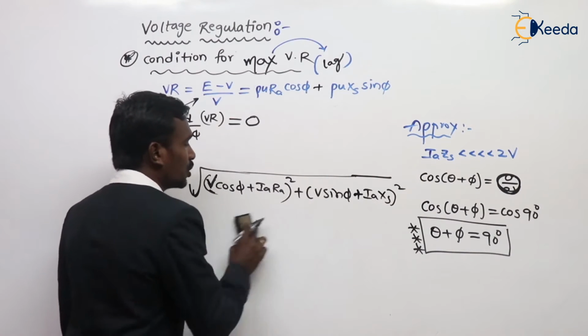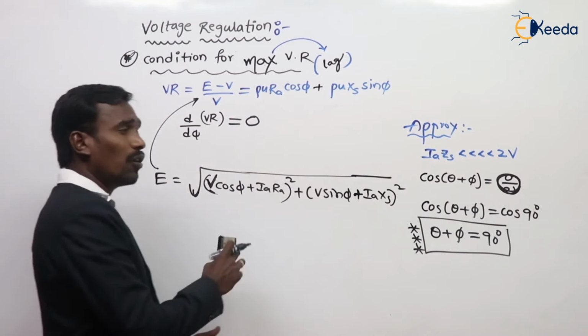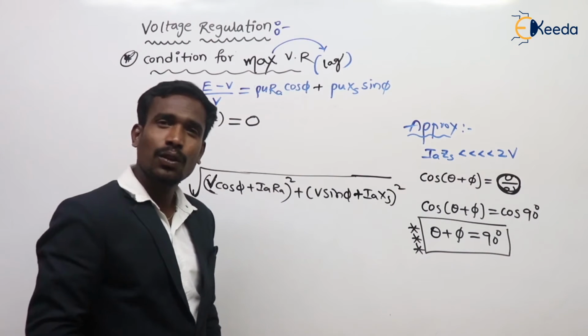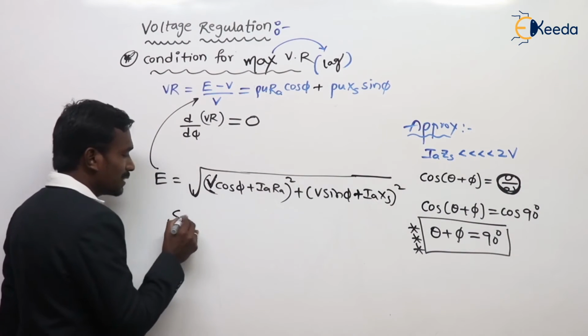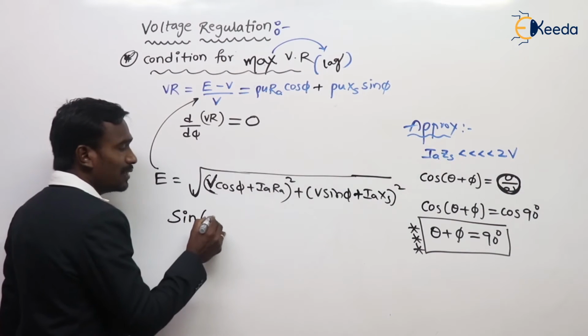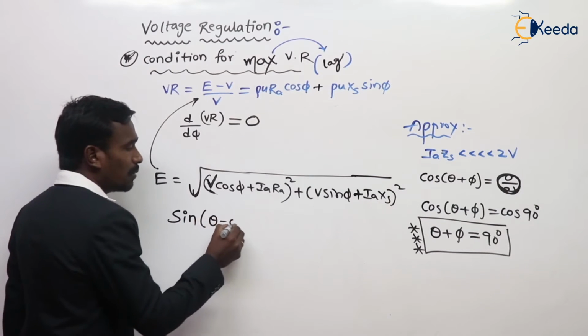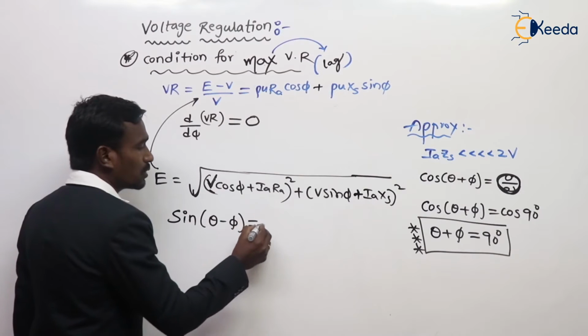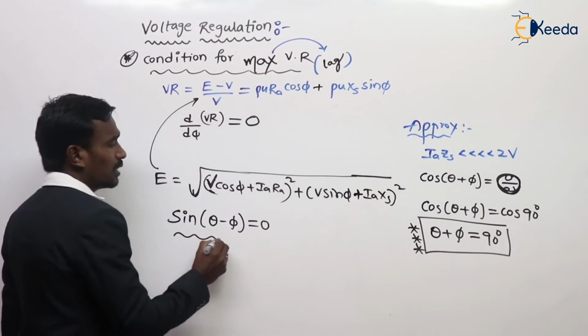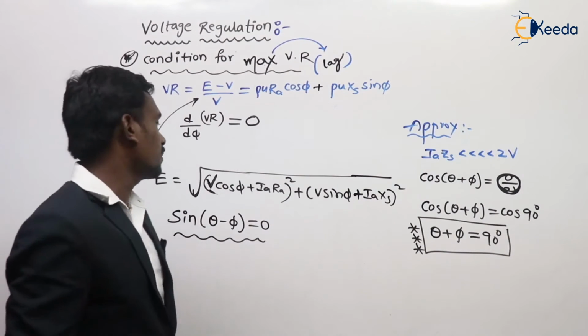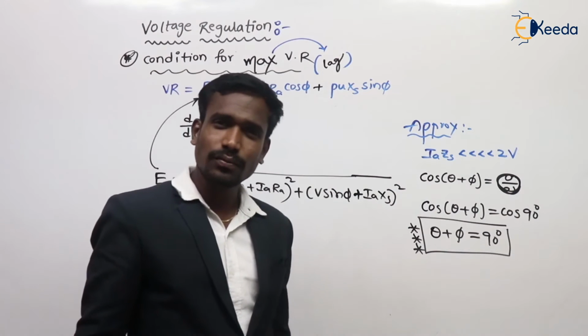At this condition, if you solve all these things, you can get the exact value. Sine of theta minus phi is equal to 0. This is the condition for maximum voltage regulation.